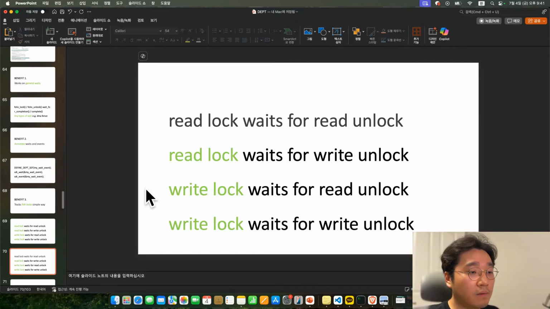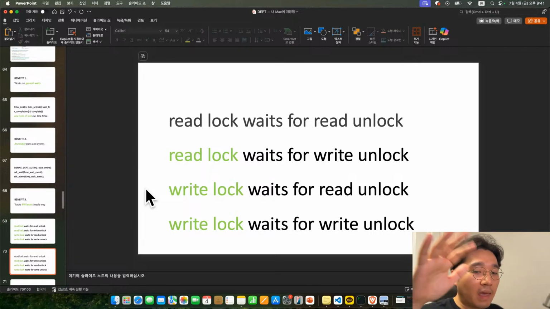And for a writer, if there's a critical section protected by the write lock, writers need to wait for all the read locks and write locks to end, right? So there would be a great advantage for the read context.